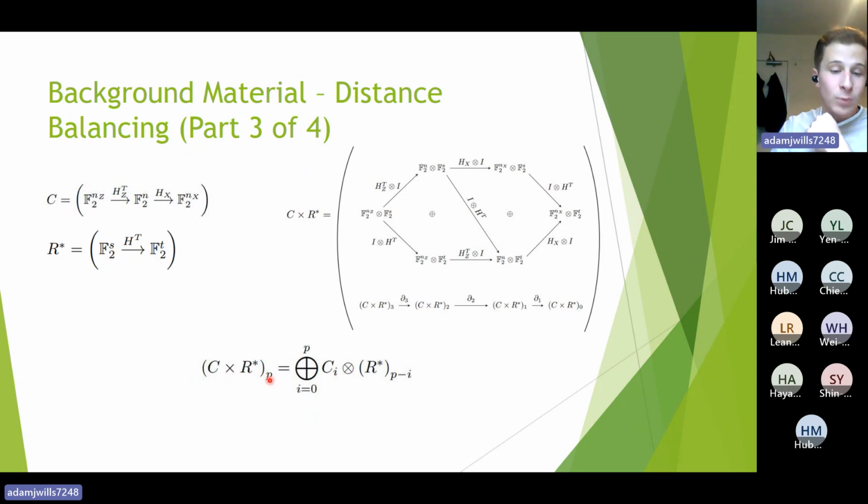Setting P equals 1, then you're going to have C1 tensor R star 0, so F2 to the N tensor F2 to the T, direct summed with C0 tensor R star 1, so F2 to the NX tensor F2 to the S. So that's exactly there. And similarly, you'll be able to see that P equals 2 and P equals 3 give you what you have in the diagram. So hopefully that answered the question.